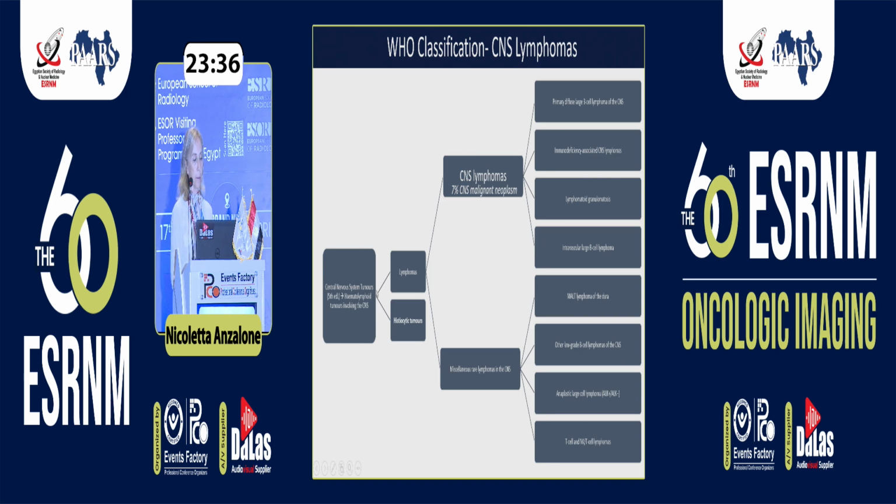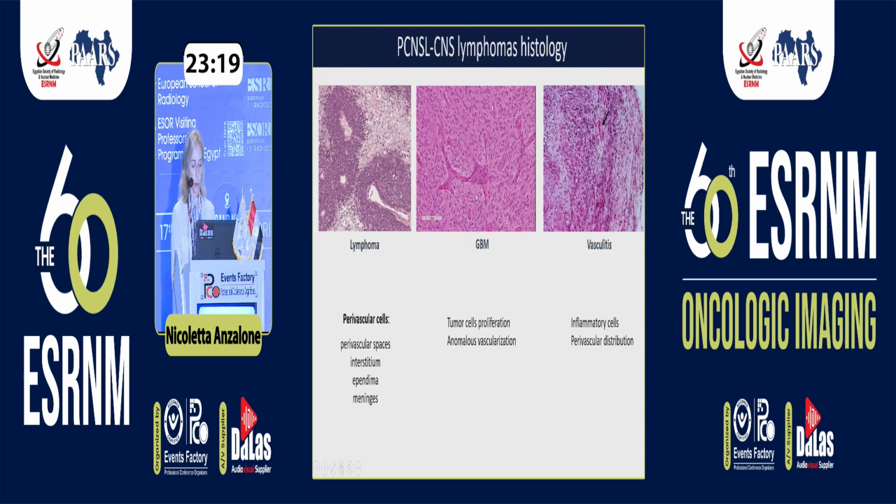Among them are lymphoma and histiocytic tumors. These are interesting also for differential diagnosis. CNS lymphomas, as you may see here, are around 7% nowadays among CNS malignant tumors.